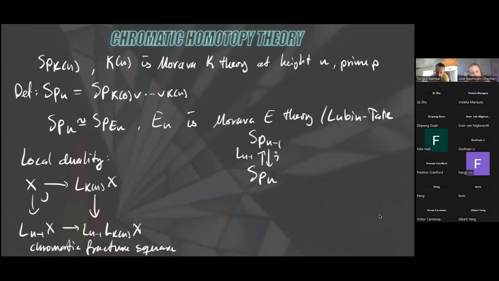And for every localization, if I take some L_n-local spectrum and I take the fiber, now I'm running out of space on this guy. Then take the fiber here. This is called the monochromatization of X. And this is also a category called the monochromatic category. It includes and has a right adjoint.